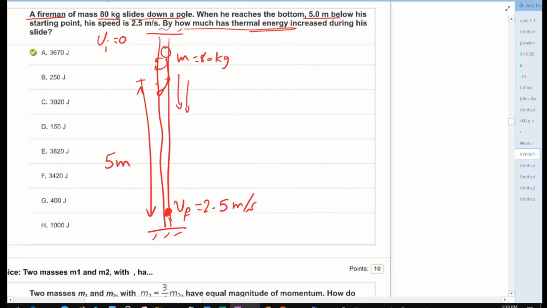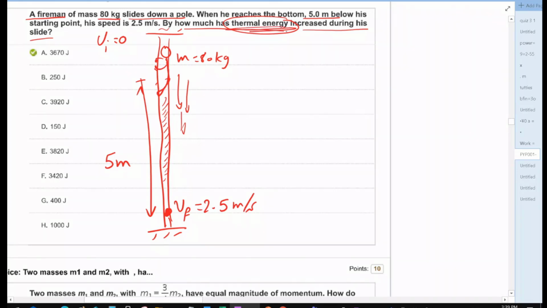How much did the thermal energy increase during his slide? Of course, when he slides down, there is a friction. So this friction means what? He loses energy. This energy usually turns into thermal energy. The friction force takes energy from the object.